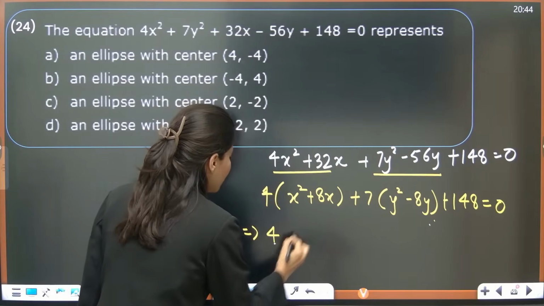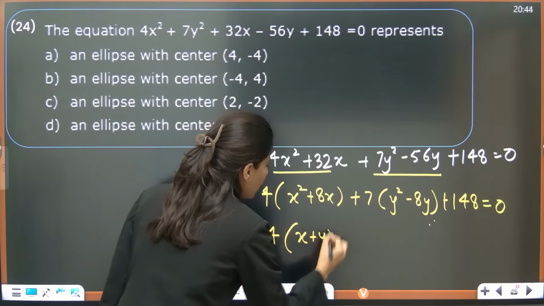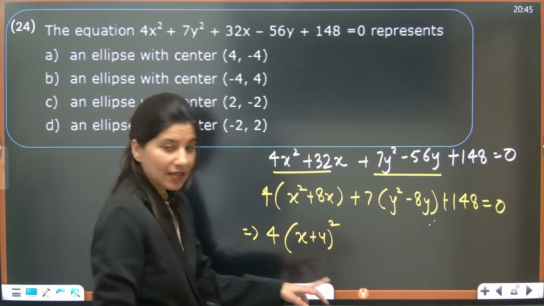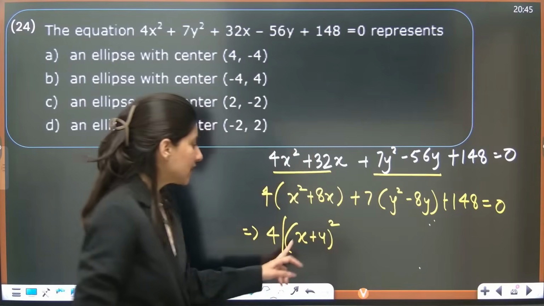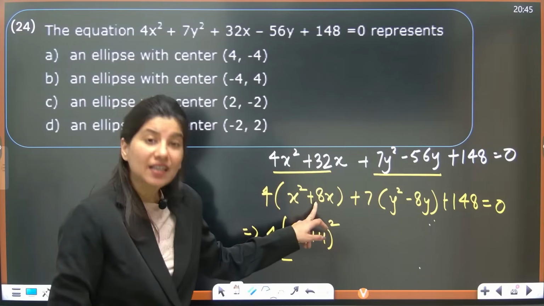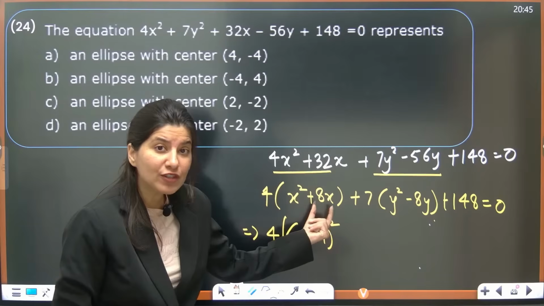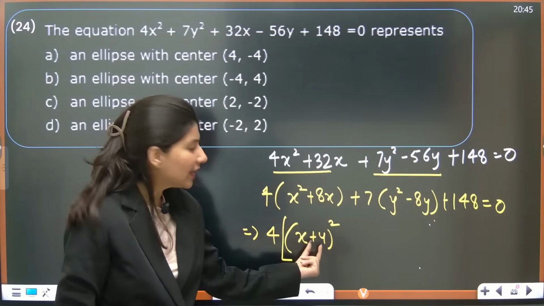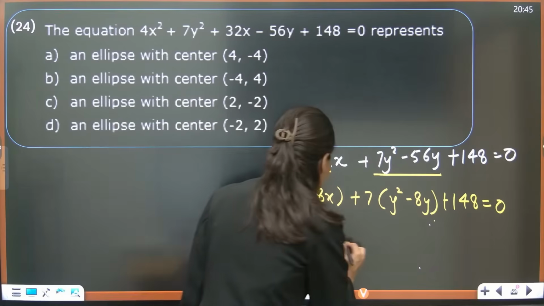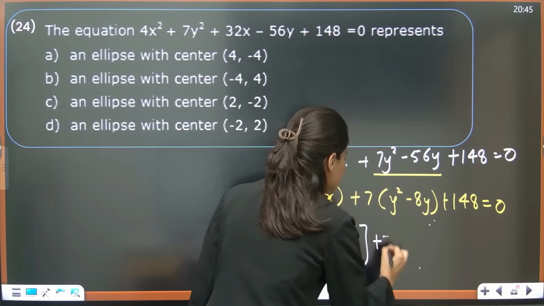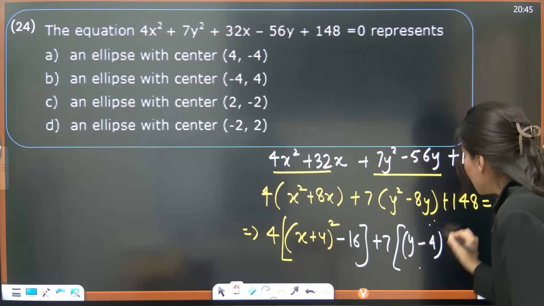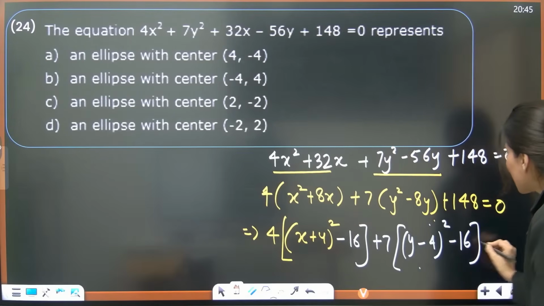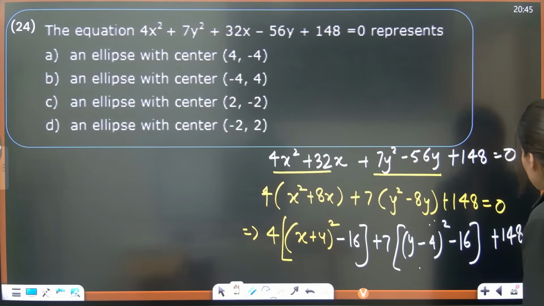So if you take 4 common, 4 times (x plus 4) whole square minus... understand how to create a perfect square. x plus sign copy, calculate half of the coefficient of x, half of 8 is 4, so write 4 and subtract the square. Okay ma'am, plus 7 is already out, same thing, y minus half of this, and now you have to square this, subtract the square, plus 148 equals 0.